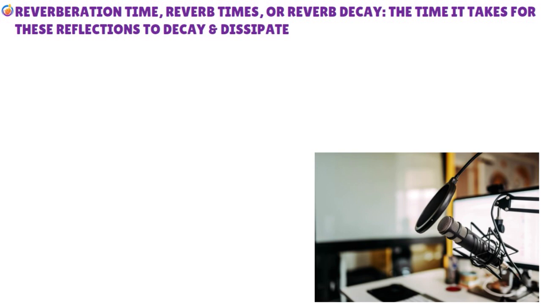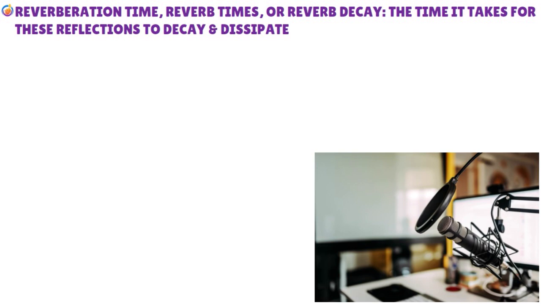The time it takes for these reflections to decay and dissipate is known as the reverberation time, or reverb time. This is an important element to think about. Whether you have 5 seconds or 10 seconds of reverb time will really matter for the quality and the stature of the walls in your location.